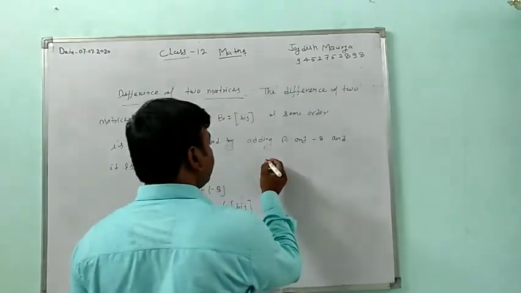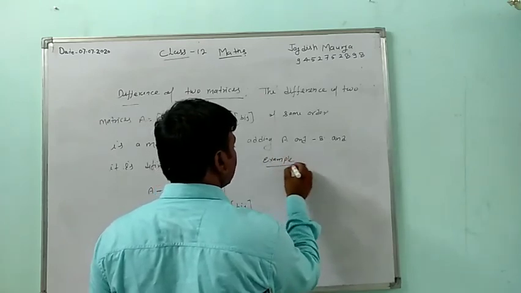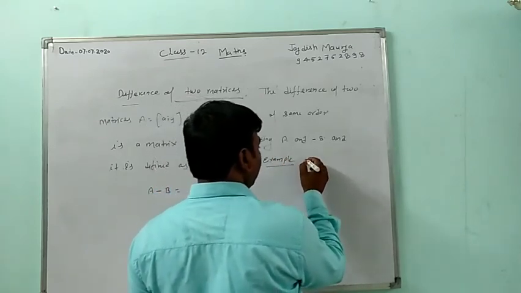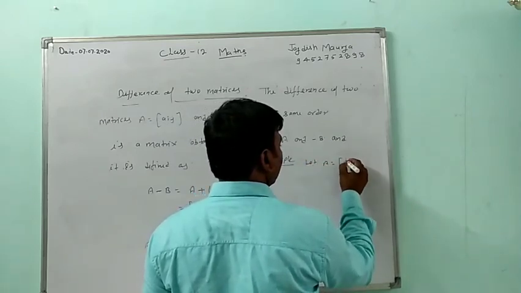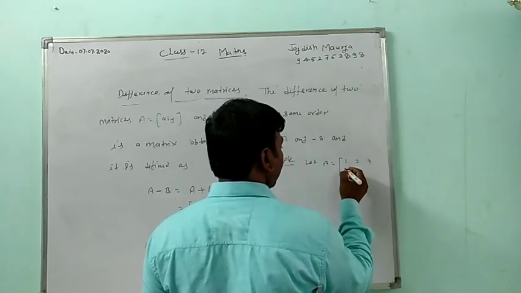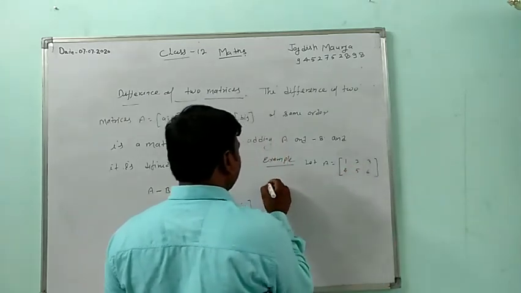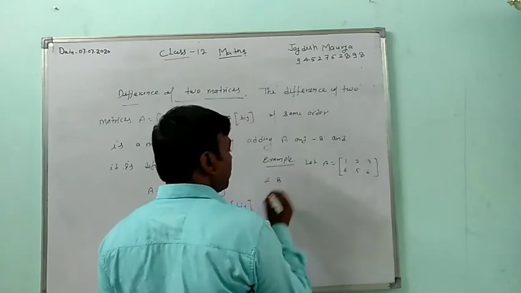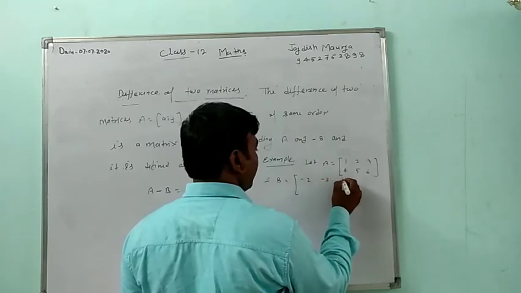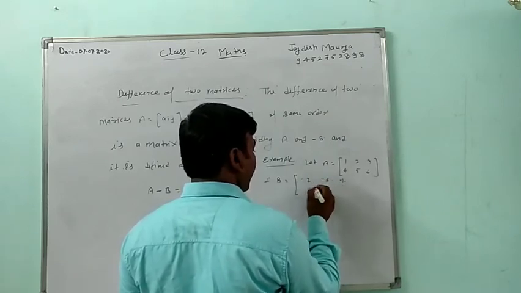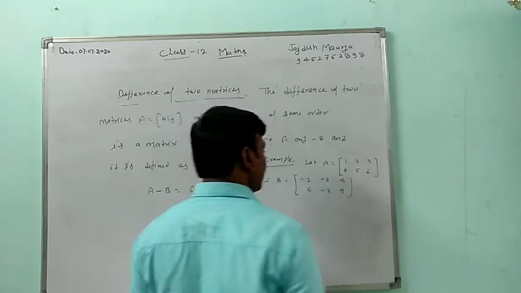For example, let A equal to 1, 2, 3, 4, 5, 6 and B equal to minus 2, minus 3, 4, 5, minus 3, 9.